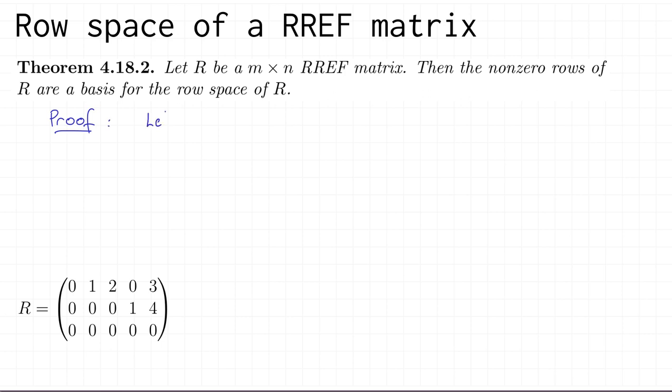So let the non-zero rows of R be, let's say, R1 up to RL. Now, each of these non-zero rows must contain a leading entry.